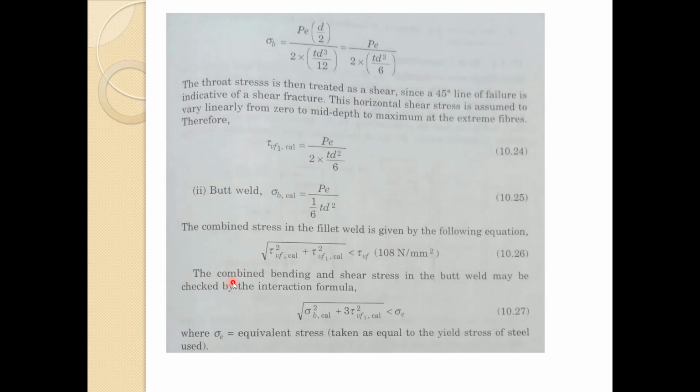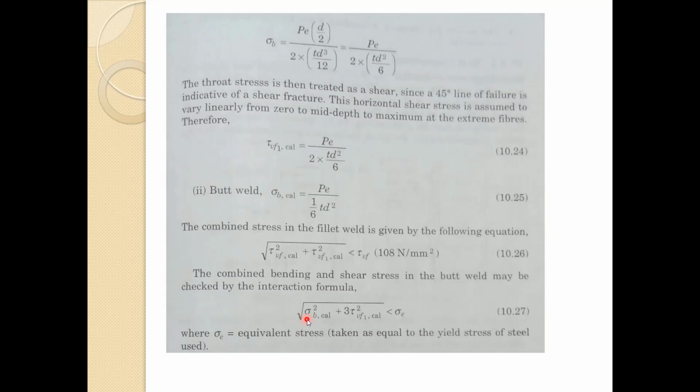Now for the butt weld, where combined bending and shear stresses are there, they may be checked by the intersection formula which is given in the IS code. Remember, this is given in IS 800 1984.